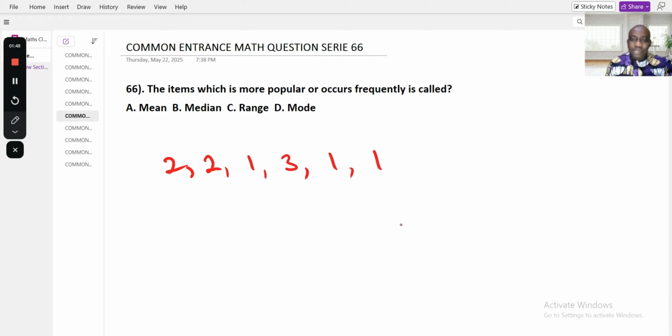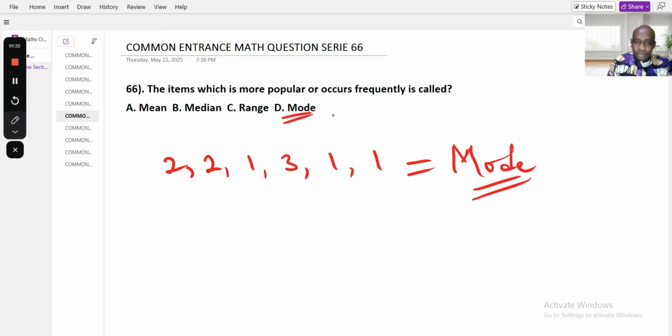Which number is the most frequent, the most popular here? It is 1, because the 1 appears the most, and that is what is called the mode. The most popular number is called the mode. Number D is the answer. Let's move to the next question.